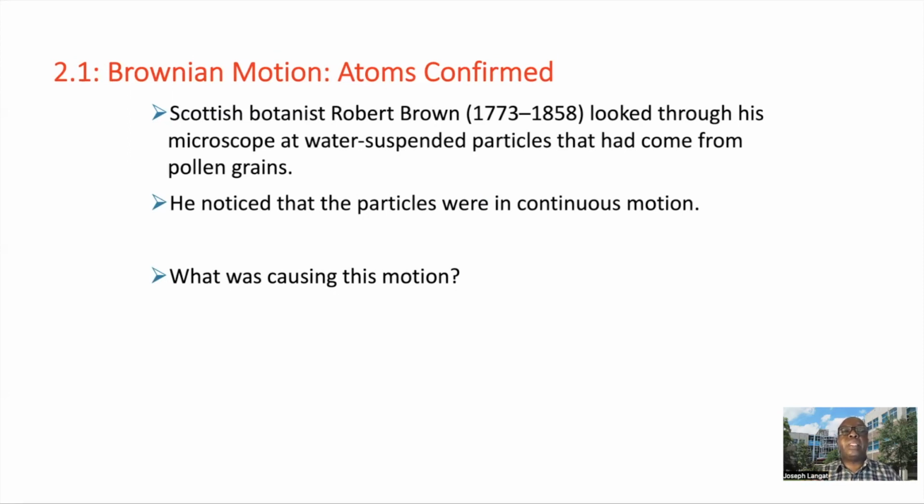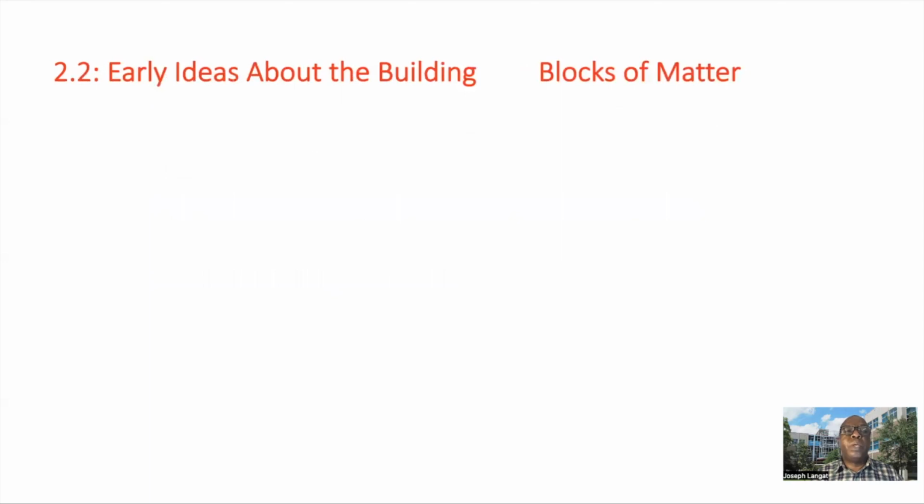The thermal energy made the water molecules move around, and when they moved around, they were bombarding the pollen in water, and that is what really caused the movement of pollen in Brownian motion.